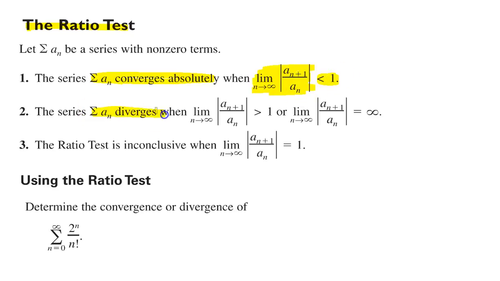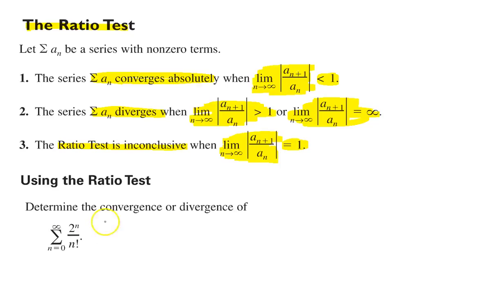The series diverges when that limit is greater than 1 or when that limit is equal to infinity. Unfortunately, guys, the ratio test is inconclusive when the limit as n goes to infinity of the absolute value of a_(n+1) over a_n is exactly equal to 1. In that case, of course, you have to do another test, okay?